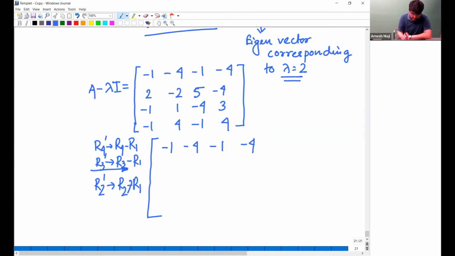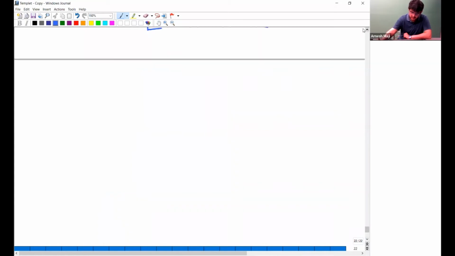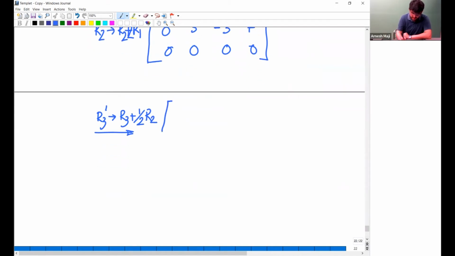Sorry, we will multiply this by 2. Next, what we will do is add the third row with half of the second row and put them in the second row.